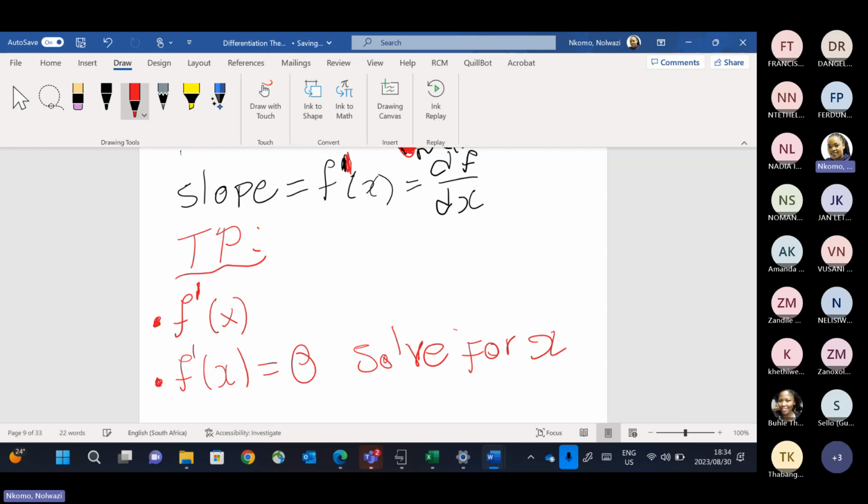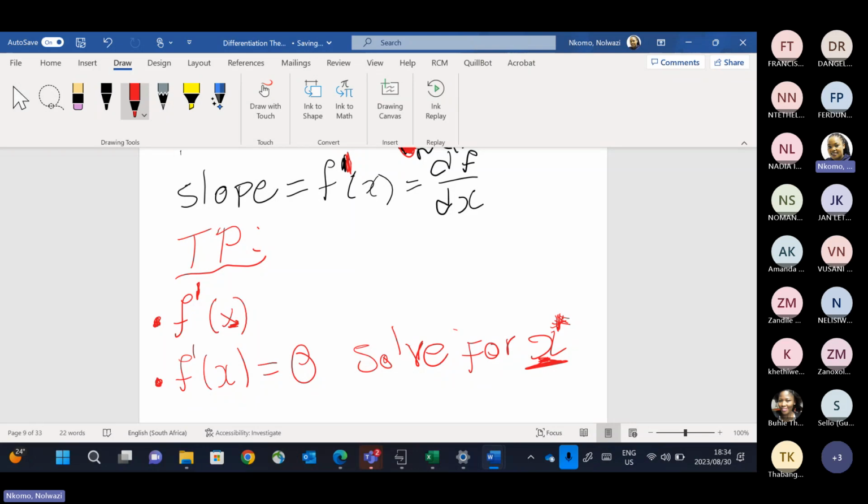Because this function is in terms of x, to differentiate between this x and the one that you are solving for here, you can just let this one be x star, and you know that this x star represents your turning points, right?